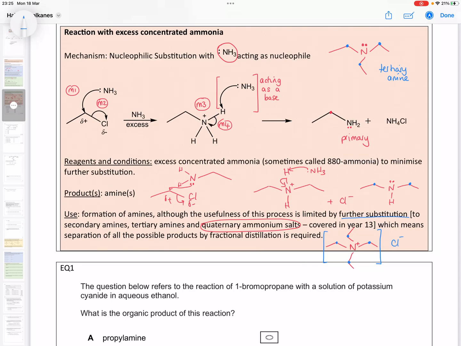And we've gone through primary, secondary, which is this one here, tertiary amine, and then finally to quaternary ammonium salt.